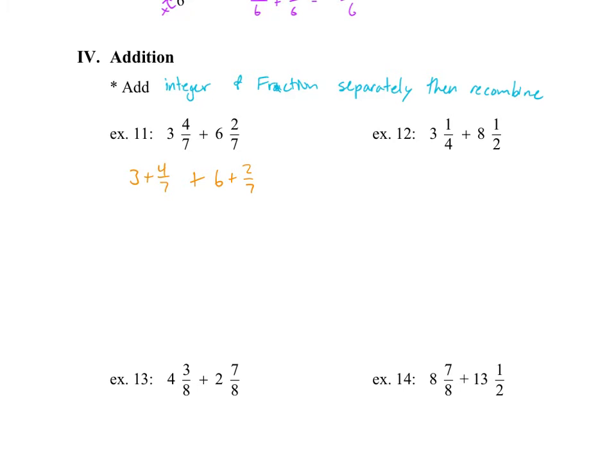Addition, we can change the order of. So we're going to say 3 plus 6, because those are our integers, plus 4 sevenths plus 2 sevenths. So now they're next to each other, easier to add.